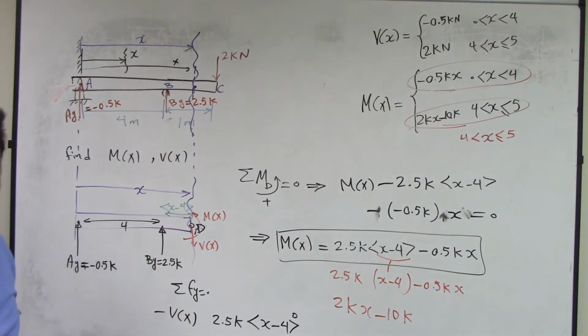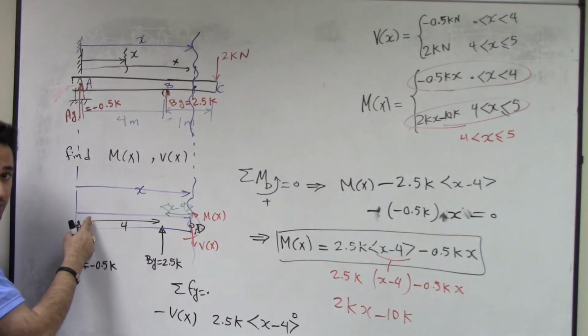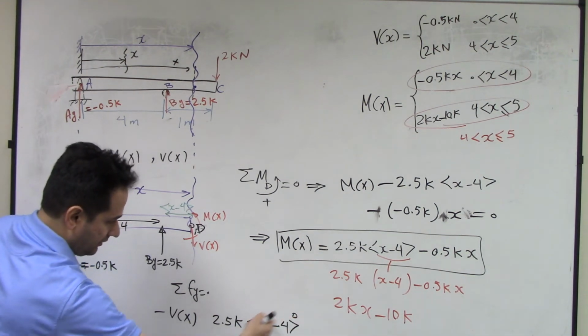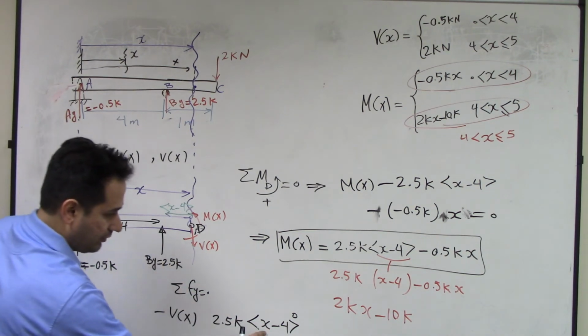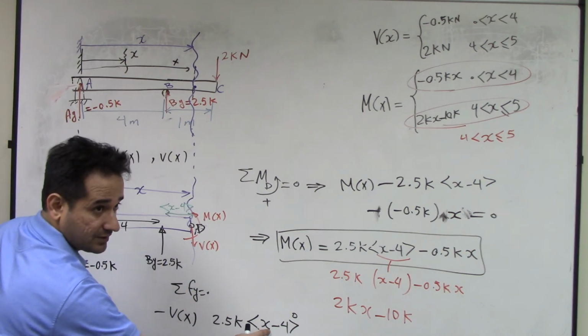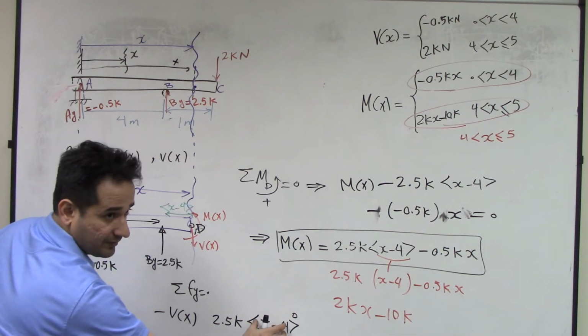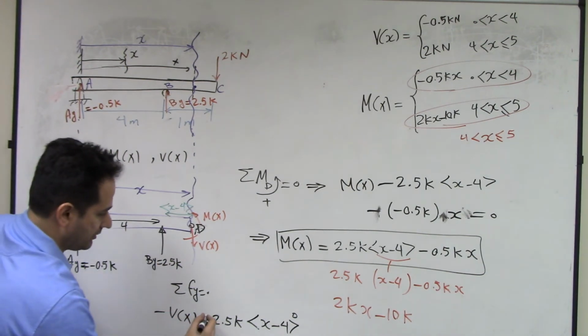That's the trick. So if you are before x minus 4, or the argument is negative, this is 0, and this does not exist. And after 4, if x is greater than 4, then this is positive, so it's itself, x minus 4 to power 0 is 1. So you become 2.5 k positive.